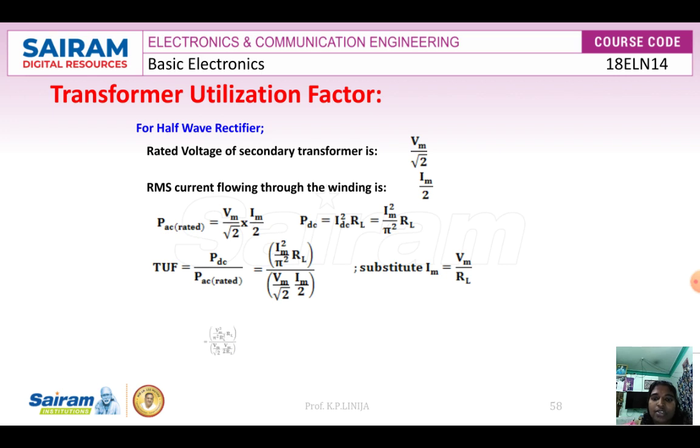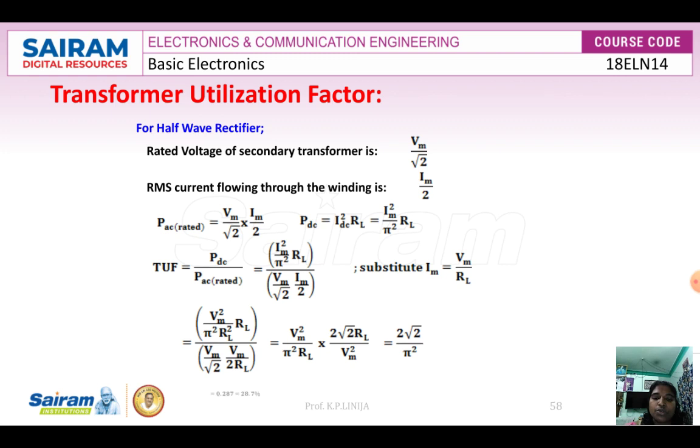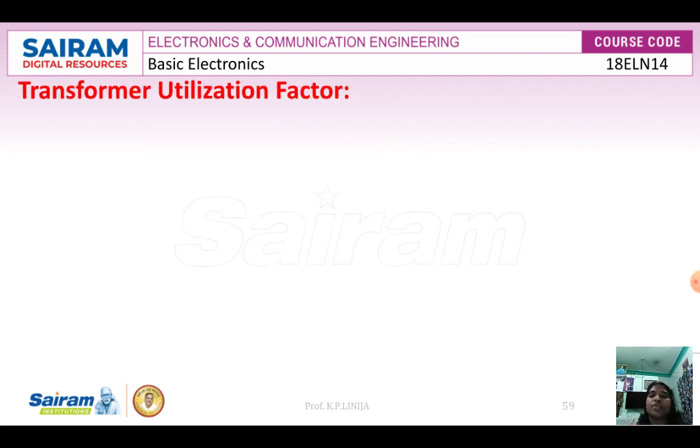the transformer utilization factor as 2 root 2 by pi squared. Substituting the pi value, the transformer utilization factor of the half wave rectifier is 28.7%.